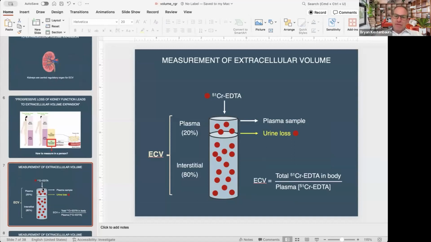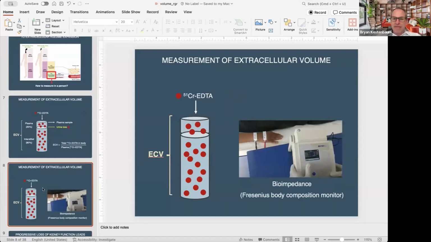So if you give a person a certain amount of, in this case, chromium EDTA, and you know how much you put in, and you're collecting urine along the way, so you know how much is coming out, and assuming there's no other loss or redistribution, if you wait for the EDTA to distribute and then draw a plasma sample, you can calculate the extracellular volume, which is the total amount that's still left in the body, the amount that you put in minus the amount that came out, divided by the plasma concentration, and that will get you the extracellular volume.